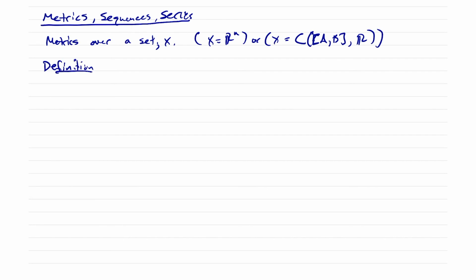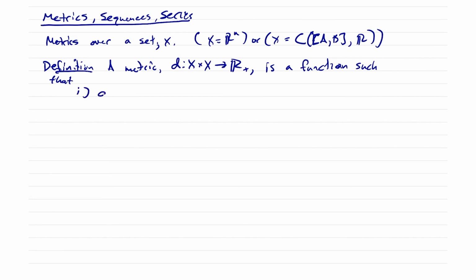And here we're going to say a metric, which is going to be denoted d, basically a mapping from X times X to, say, the positive real numbers, is a function such that we have 1, the distance between x and y is the same as the distance from y to x, or d(x,y) is equal to d(y,x). 2, we're going to say that the distance between x and x is 0.